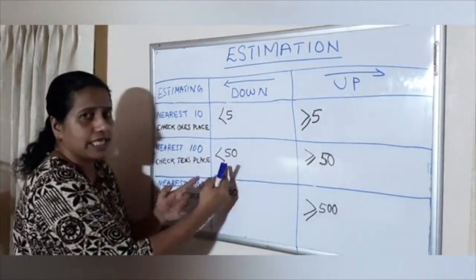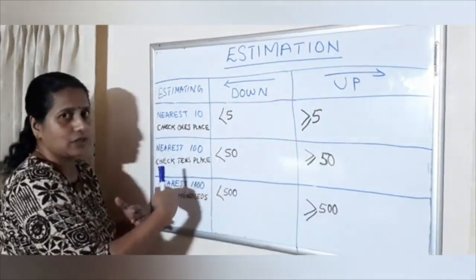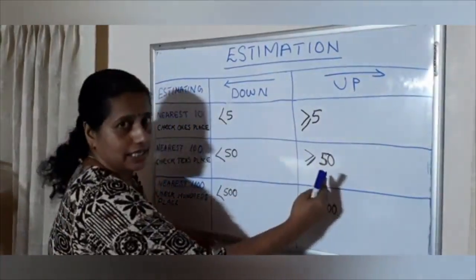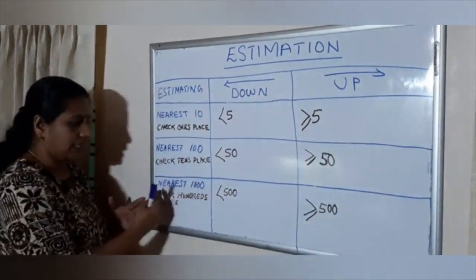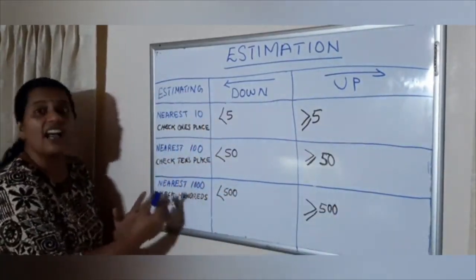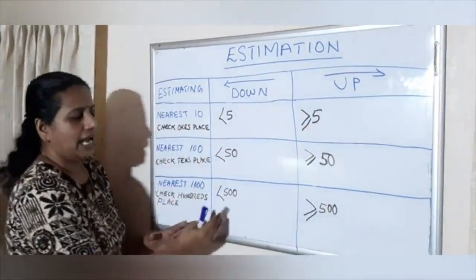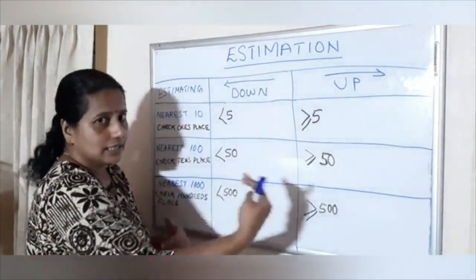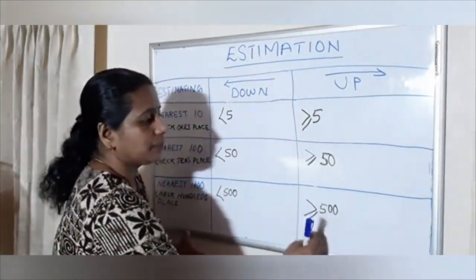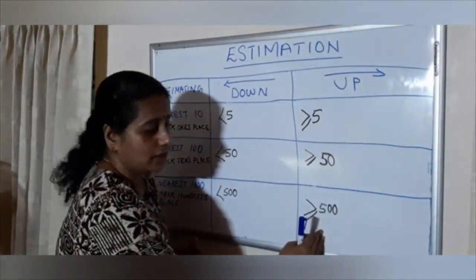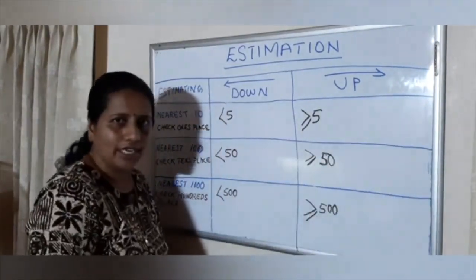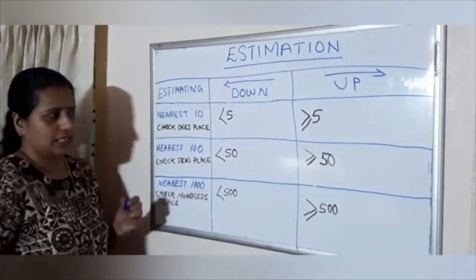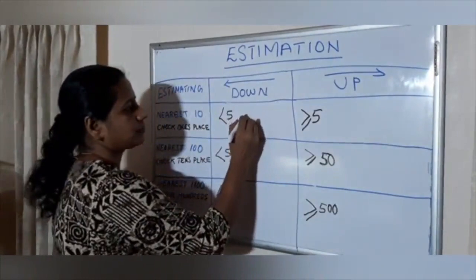Less than 50, round down, and greater than or equal to 50, round it up. Next, nearest 1000 means check the hundreds place. Less than 500, round down, and greater than or equal to 500, round it up.